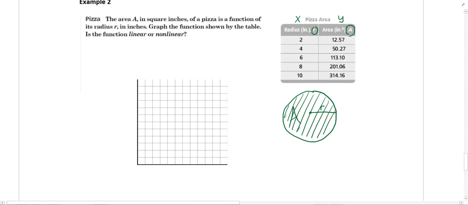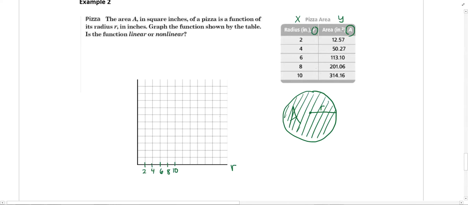Okay, so let's make a table. Our independent variable is the radius of the pizza, so I'm going to let that be the r-axis instead of the x-axis. So we need 2, 4, 6, 8, and 10. So we can go ahead and just go by 2, 4, 6, 8, and 10. All right, let's look at our area.